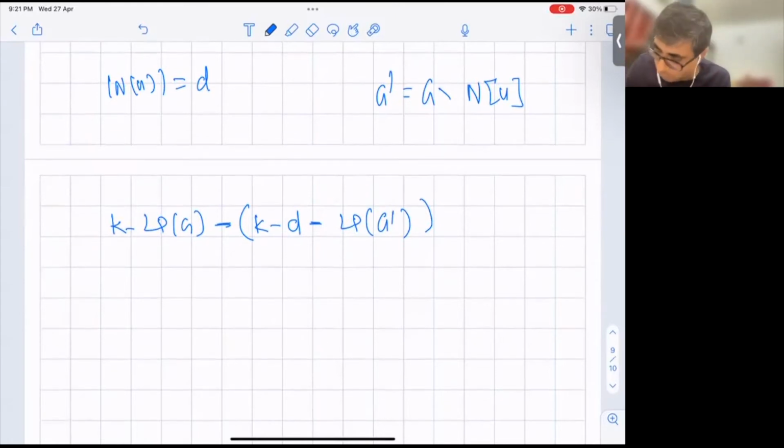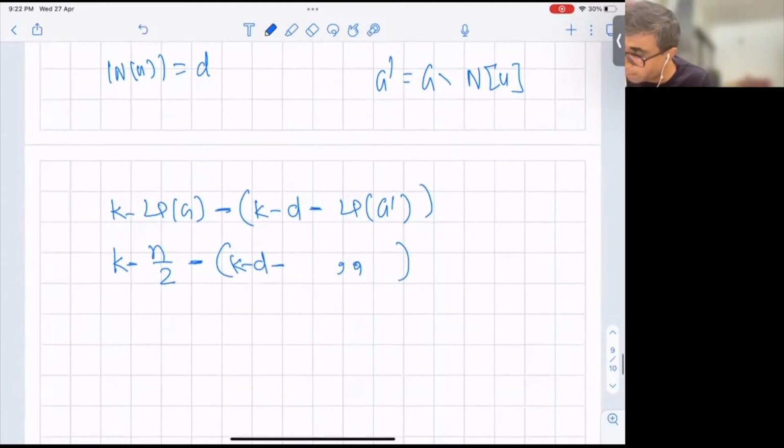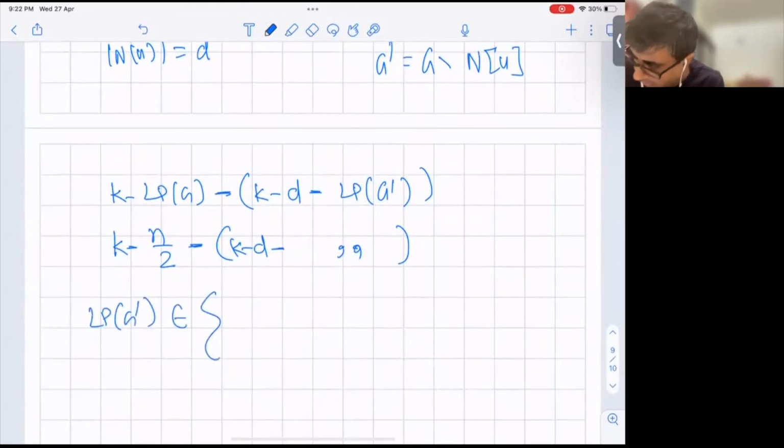Now, what is LP of G? We know it's n by 2. And this, we will have to see what it is. We'll have to come back. As before, let's write it down. LP of G prime is how much?